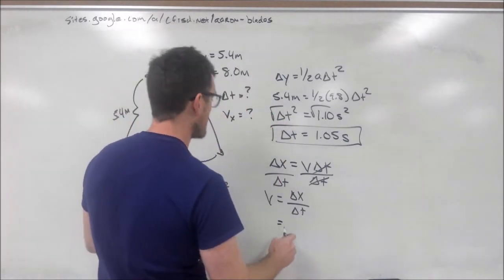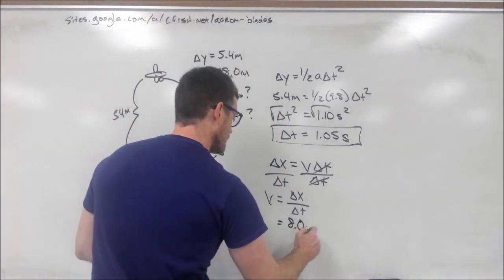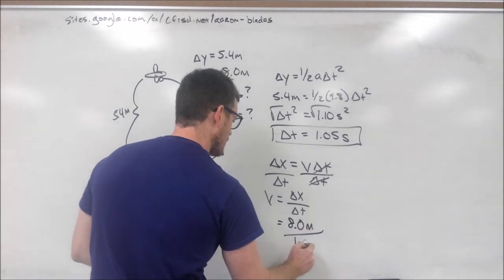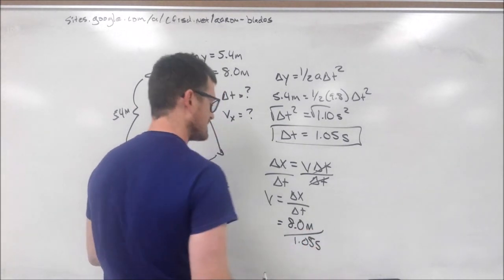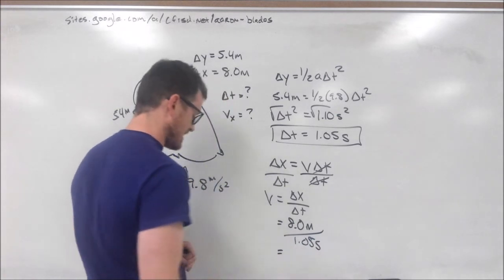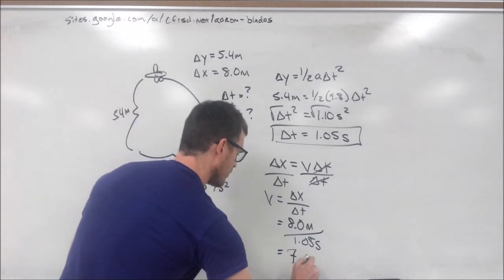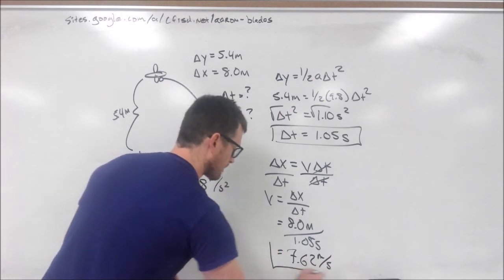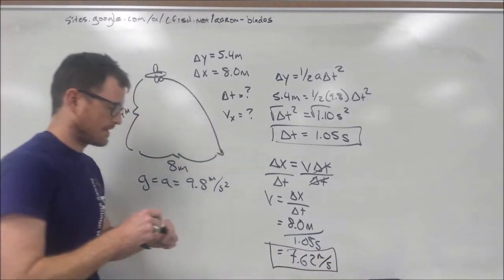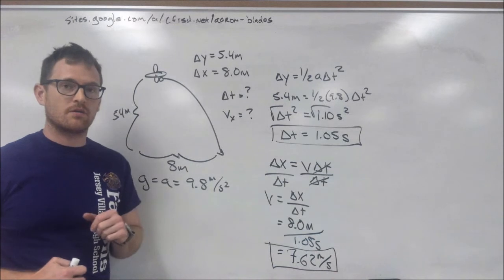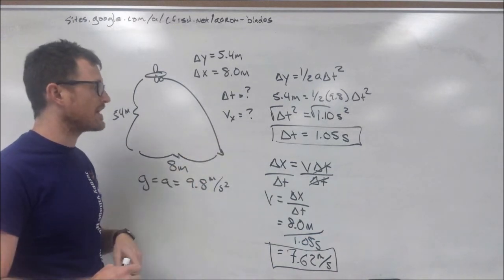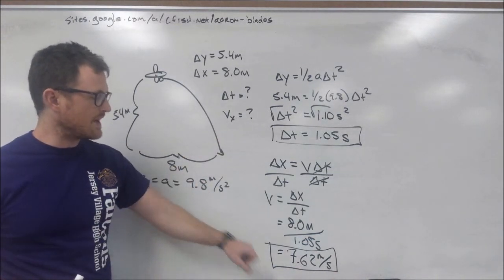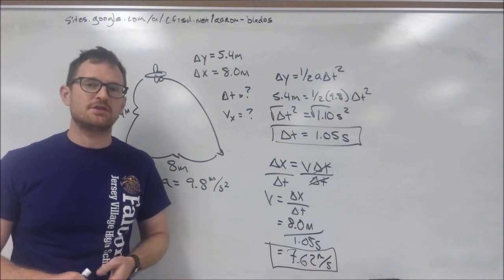So plugging in our numbers, we have 8 meters divided by 1.05 seconds, and that gives us 7.62 meters per second. So our object was in the air for 1.05 seconds and was dropped at a velocity of 7.62 meters per second.